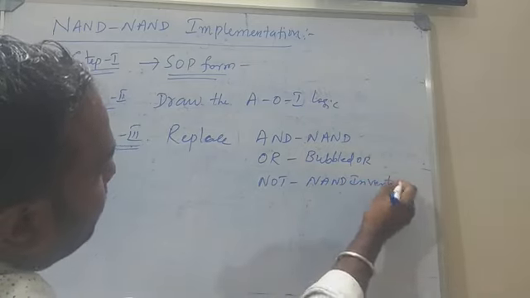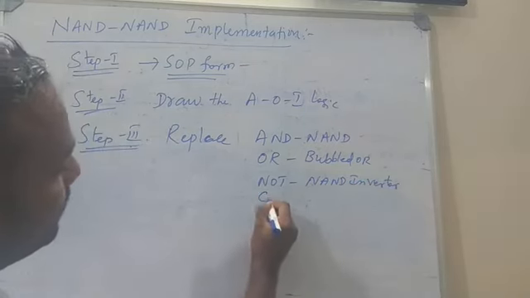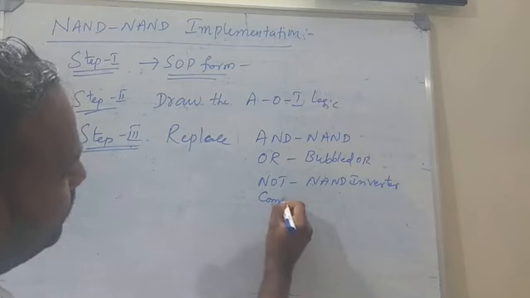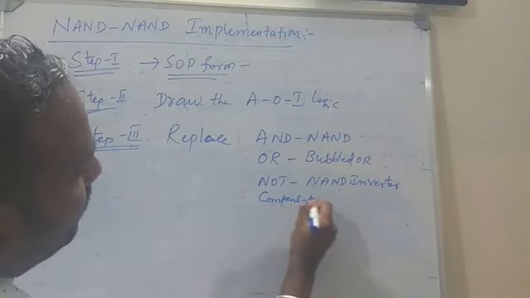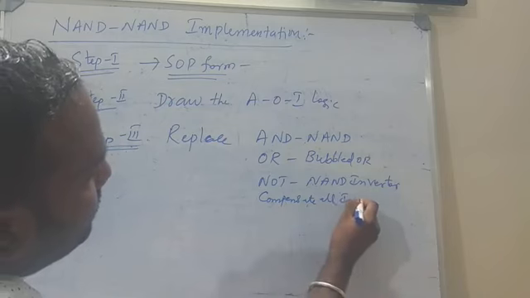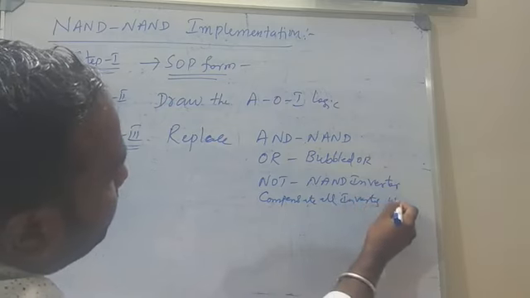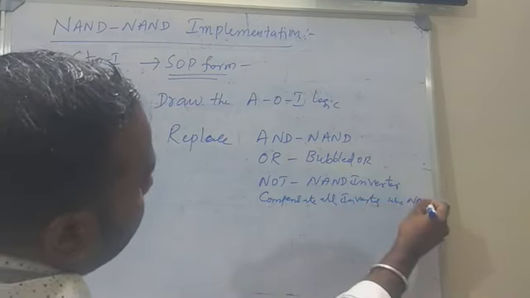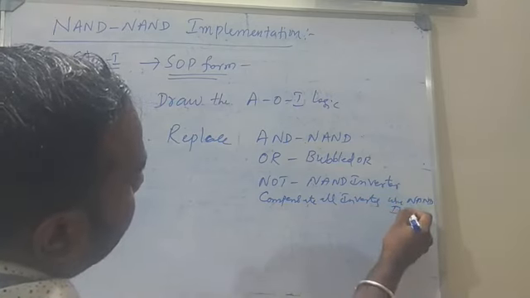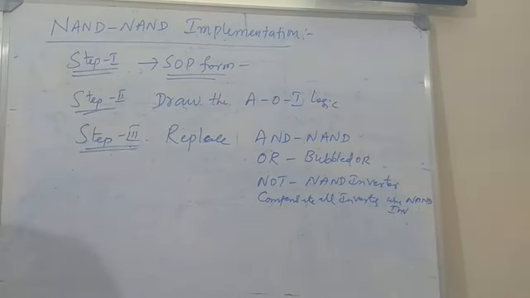Also compensate all inverters using NAND inverters, which I will explain. And finally, we know De Morgan's law.